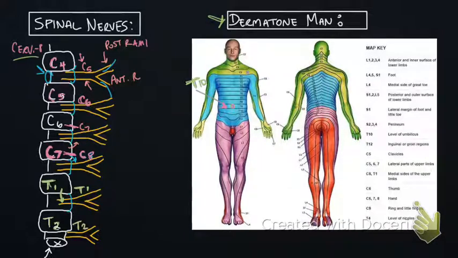So if you see a picture like this, it's a dermatome man. And if you have pain in this region, in T10, which is to the right of the belly button or the umbilicus, it can indicate appendicitis, because your appendix is located right here. And this is typically referred to as referred pain.